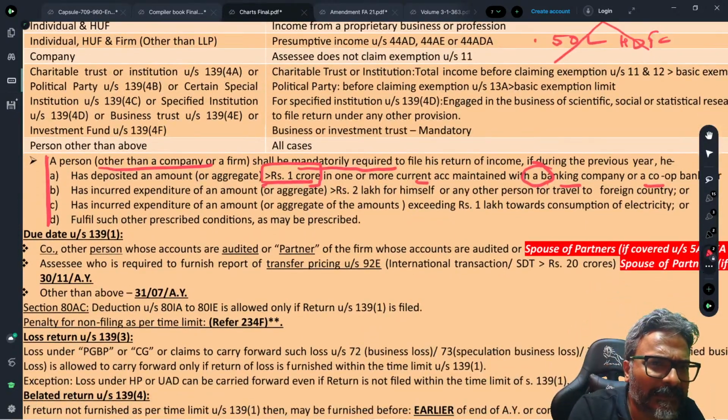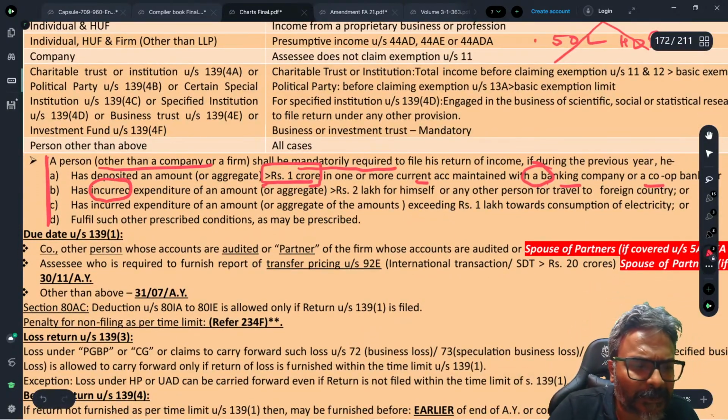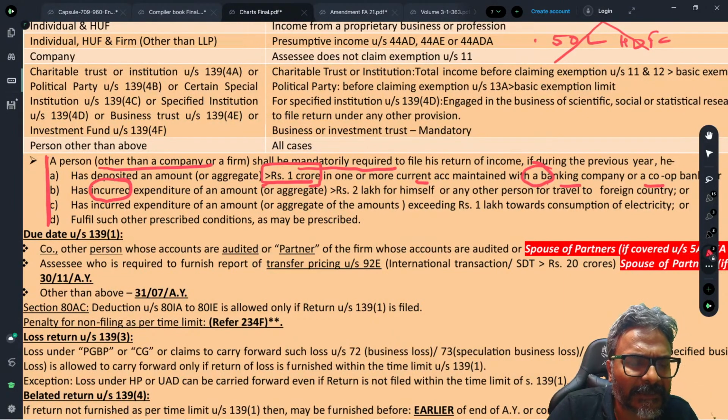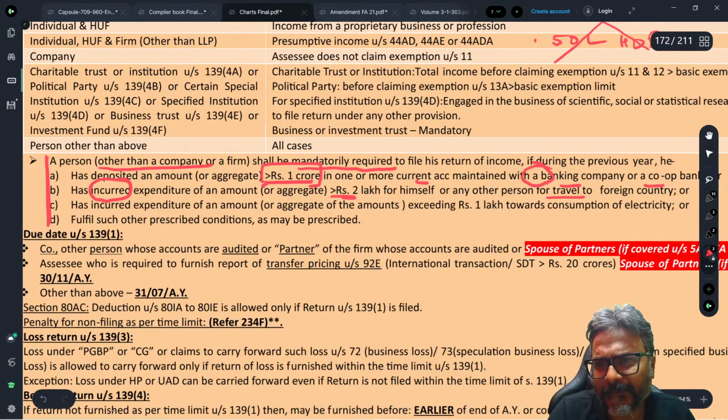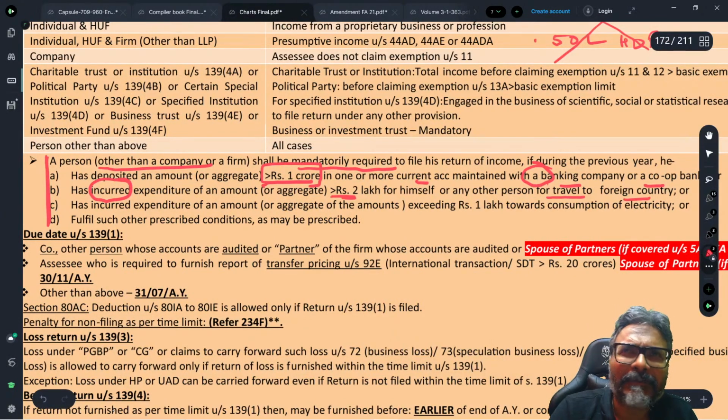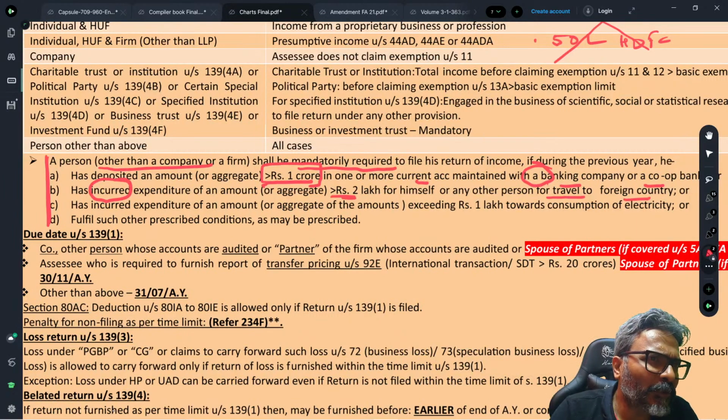Apart from that, students, he has incurred the expenditure. Here what is critical is incurring the expenditure, students, of an amount exceeding rupees 2 lakhs for himself or any other person for travel to a foreign country. We were looking into an MCQ the other day, and in the MCQ they have given that the ticket fare, students, was 1.5 lakhs.